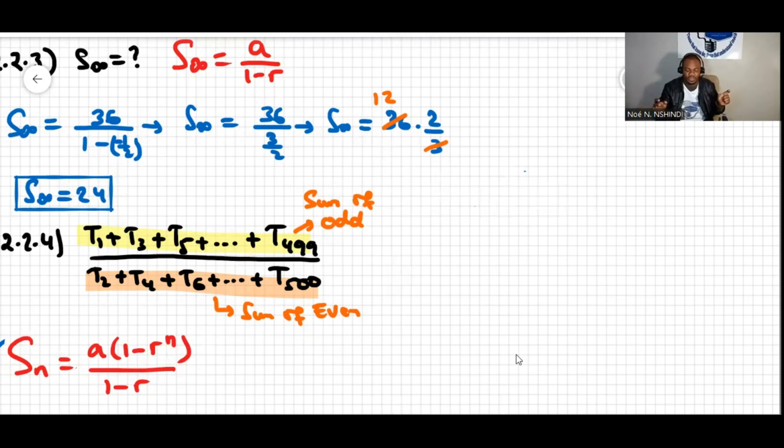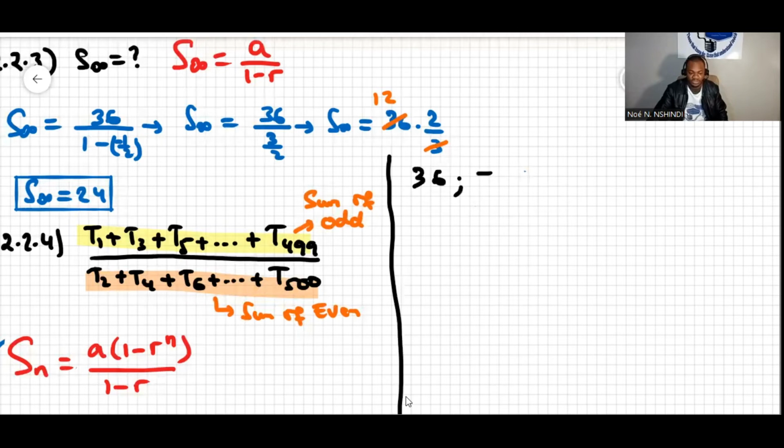I don't know if you are with me. So it's like the terms are now like this. They are like 36, and then it's not -18 anymore, because this was T2.